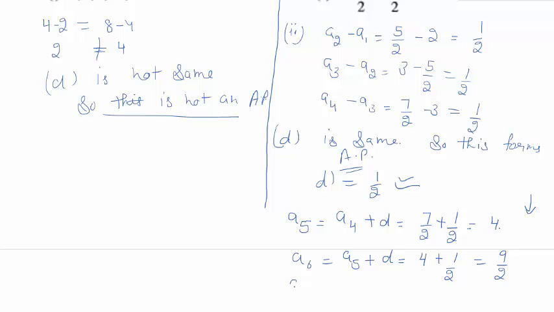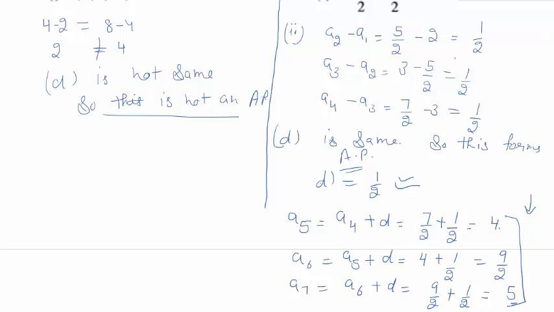And A7 will be A6 plus D. Now A6 is 9 by 2 plus D, that is 1 by 2, and this will become 10 by 2, which equals 5. So 4, 9 by 2 and 5 are the 3 consecutive terms after 7 by 2.